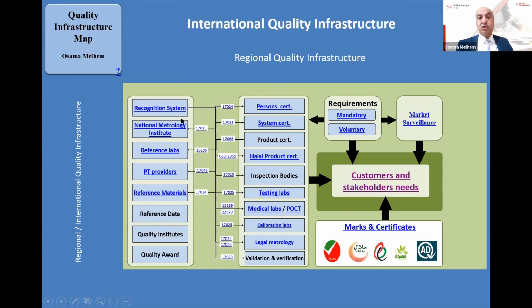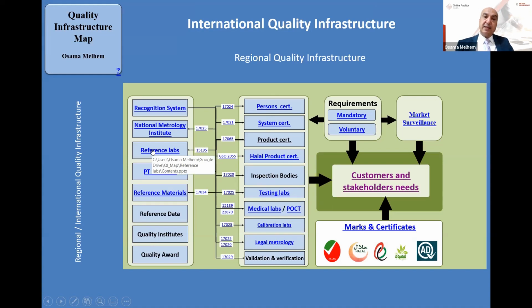The National Metrology Institute's purpose is to ensure that any measurement done by these conformity assessment bodies is traceable to the measurement units, okay, and to the international and national measurement standards.